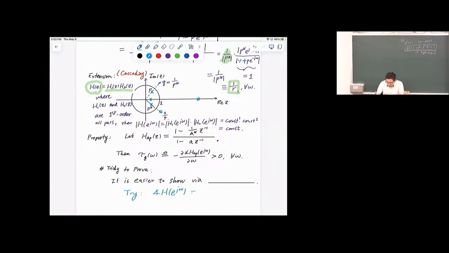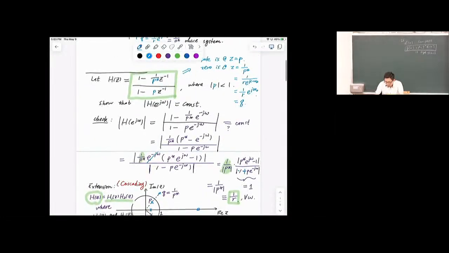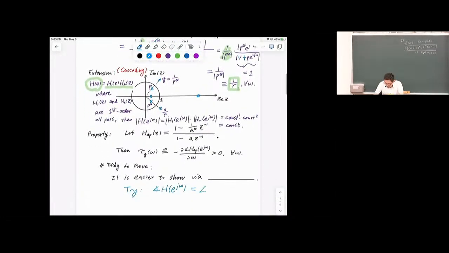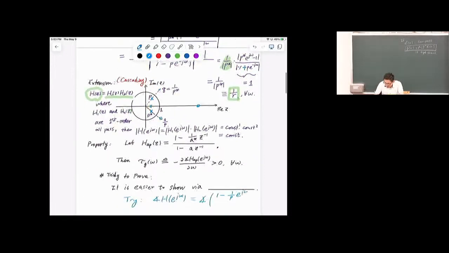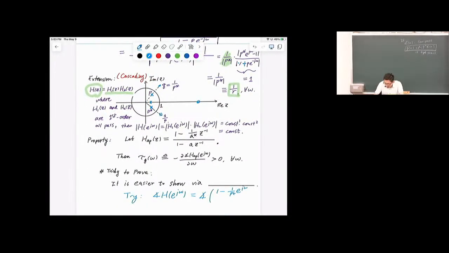Previously we have the angle of 1 minus 1 over p* e^{jω}, with a minus sign, over 1 minus p e^{-jω}, and take the arctangent of the imaginary part divided by the real part.